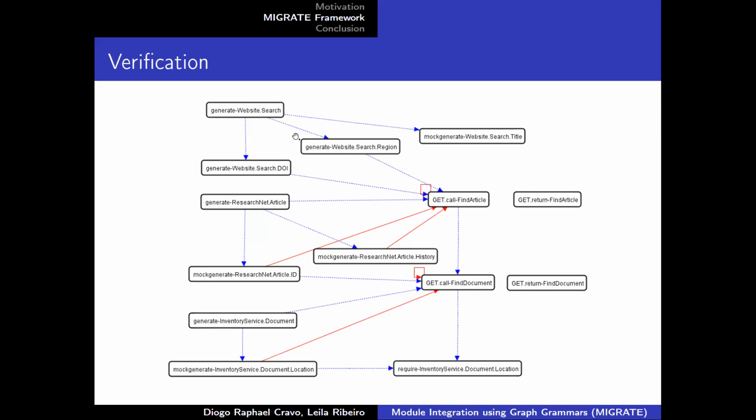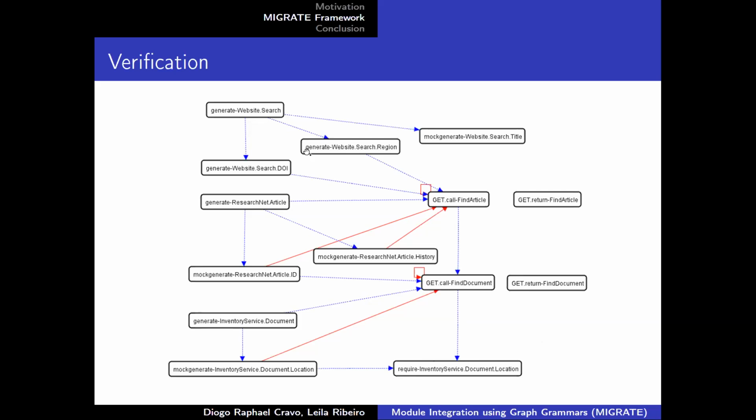In the verification, we try to analyze this graph to find a few interesting pieces of information that we call hints. So one example of a hint here is an optional path. In the optional path, we first try to find the roles which are of required type. In this case here, we only have one.